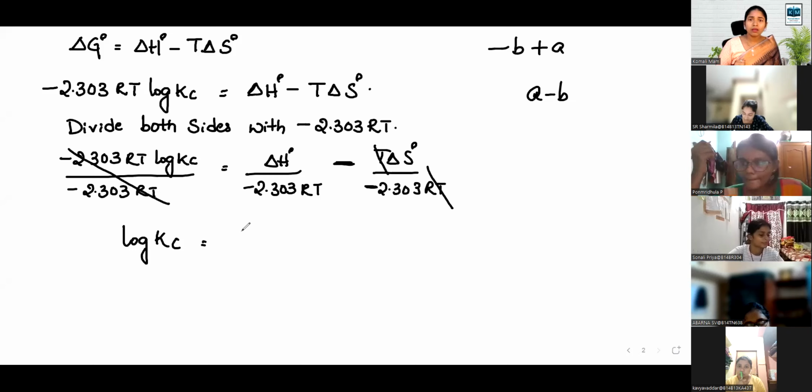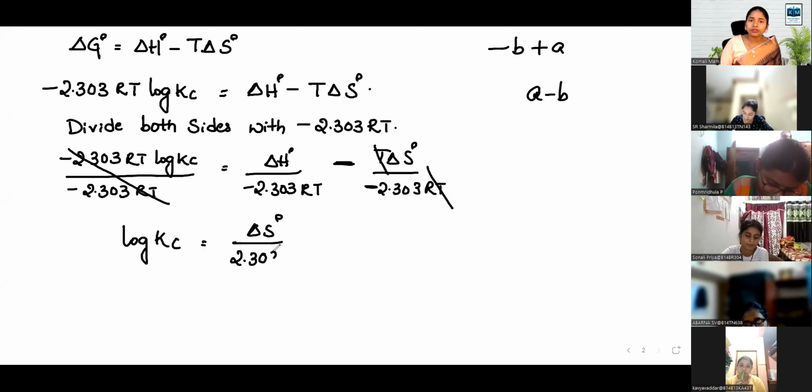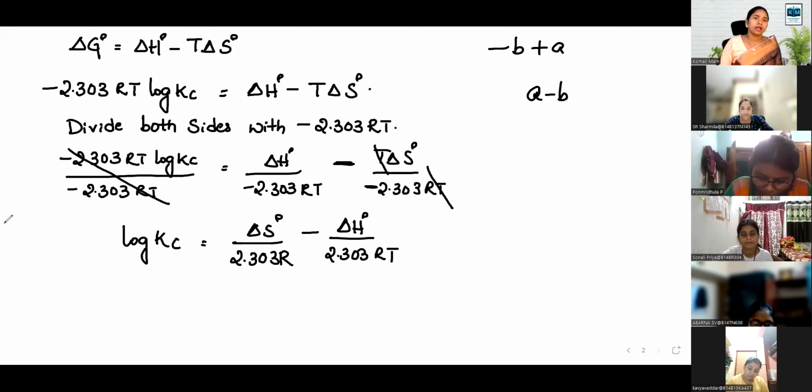So, delta S naught by 2.303 R minus delta H naught by 2.303 RT.